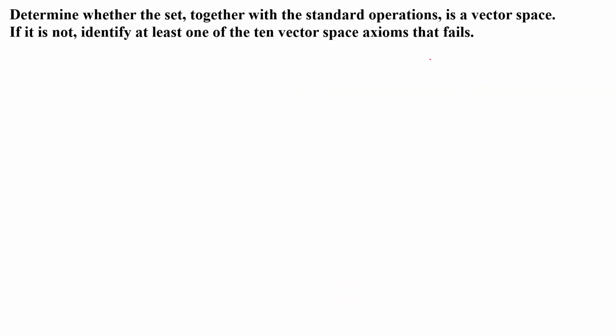Now, the question says, determine whether the set together with the standard operations is a vector space or not. If it's not, identify at least one of the 10 vector space axioms that fails. Here we go. Consider the set of all ordered pairs x and y such that x is greater than or equal to 0 and y is any real number.